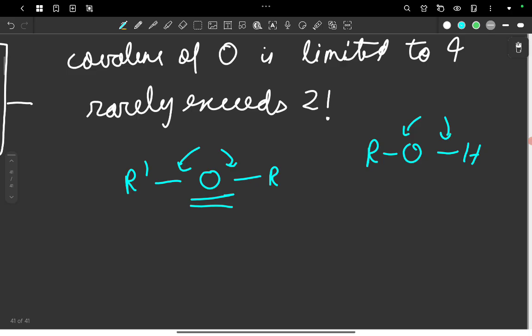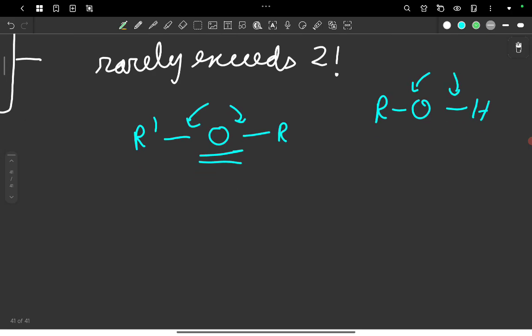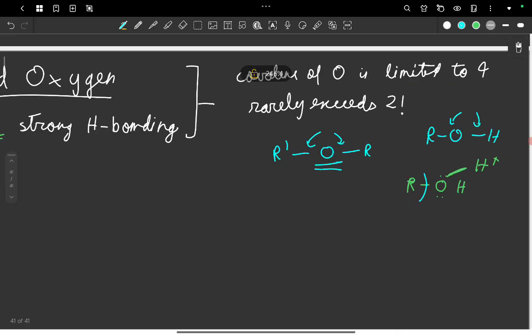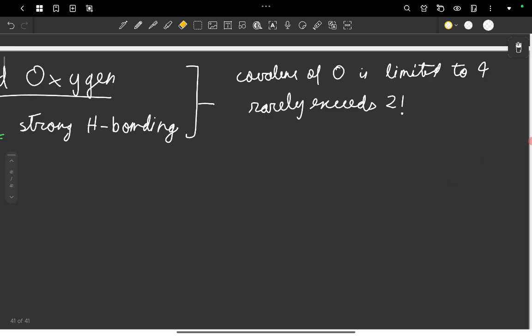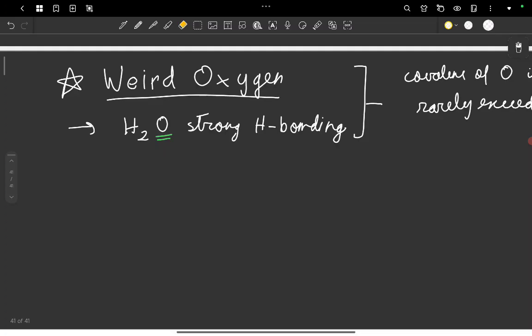And whenever it does form a third bond, for example, whenever you protonate an alcohol like ROH, whenever an H plus comes and you protonate it, there is a tendency for oxygen to kick out one of the atoms which are bonded to it, because it does not like being in a covalence greater than 2. So the covalence of oxygen rarely ever gets more than 2 in practice.